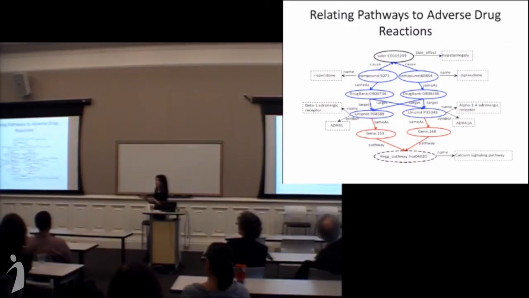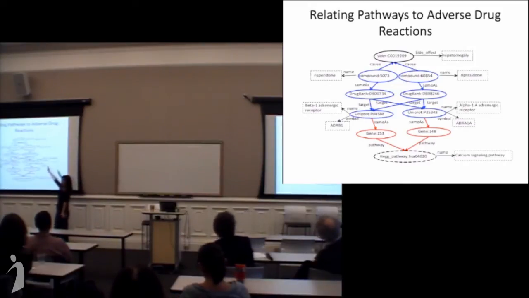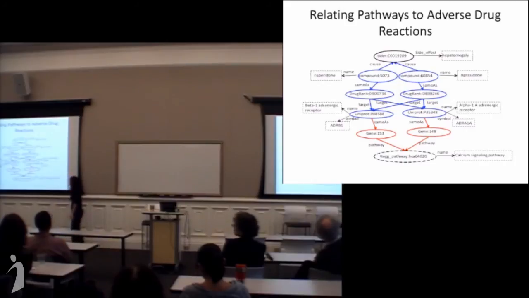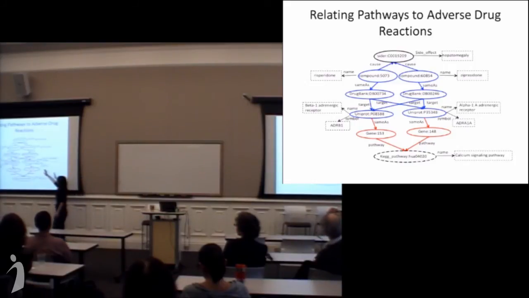For instance, I want to show you an example. By connecting all this data, you really have some power. Let's look at this. This is a side effect called hepatomegaly, which is actually fatty liver. That side effect is caused by these two compounds. These two compounds, mentioned in DrugBank, have these two IDs.